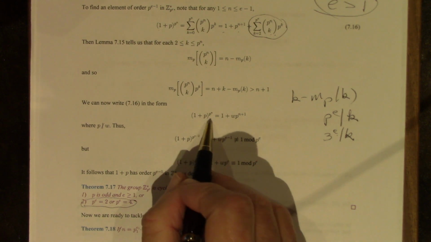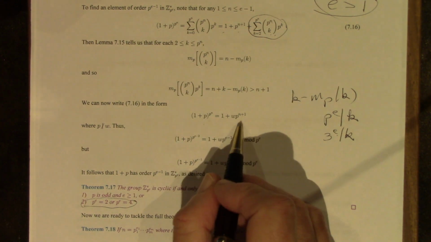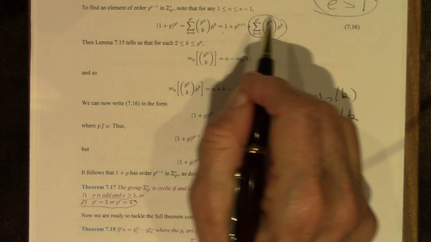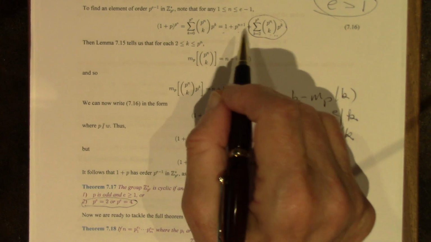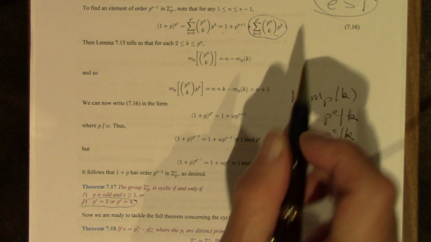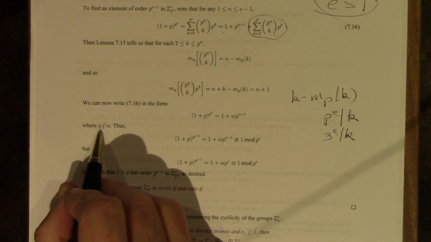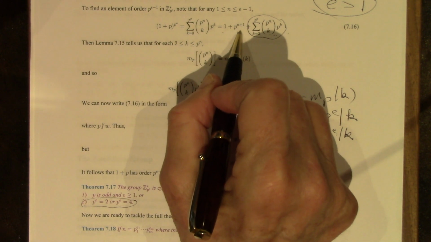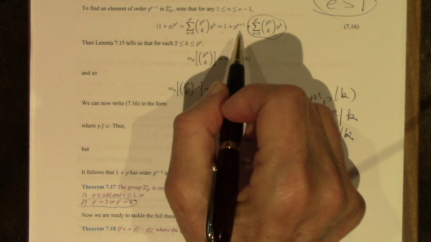So what I can do is write this here, keep the 1, factor out p to the n plus 1. This will be a 1, and each of these terms will still be divisible by p. So this will be 1 plus p times something. And I called that w because all I care about is that p does not divide w. It will divide all the other terms, but it doesn't divide this term, which is 1, once I pull out p to the n plus 1.